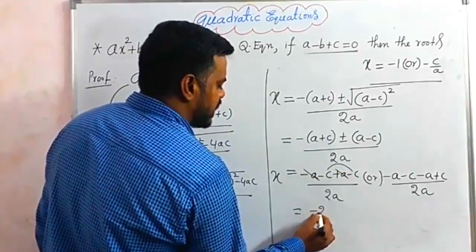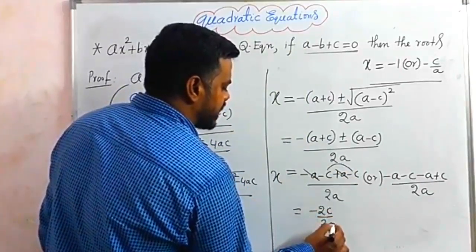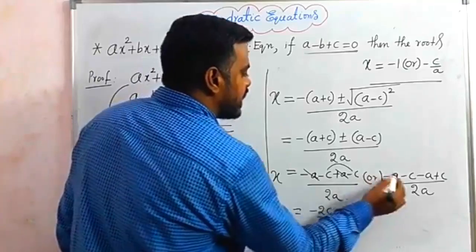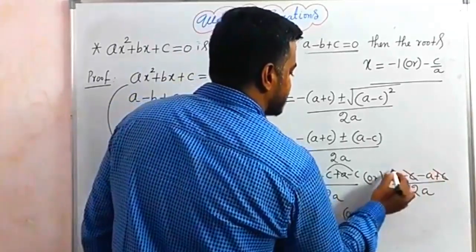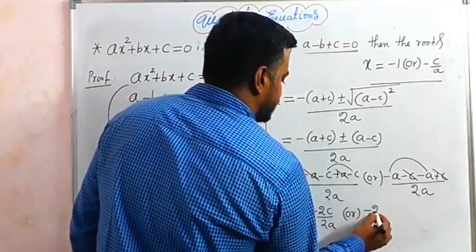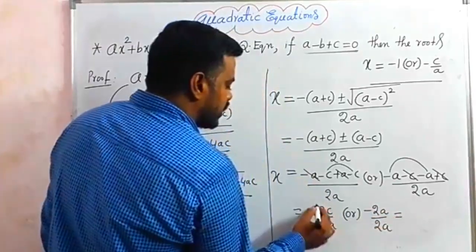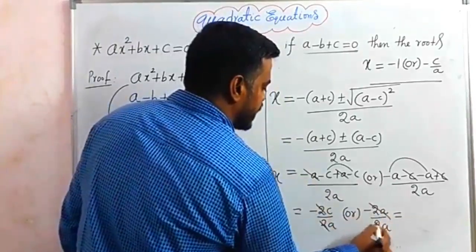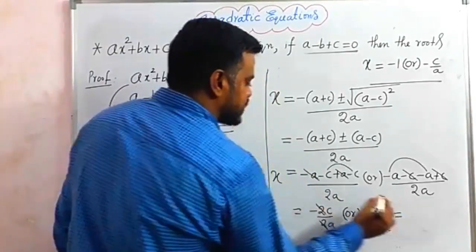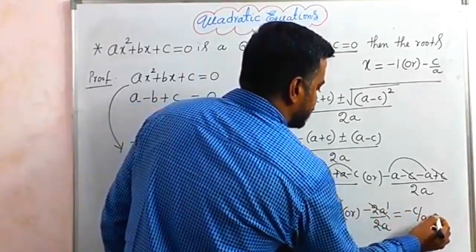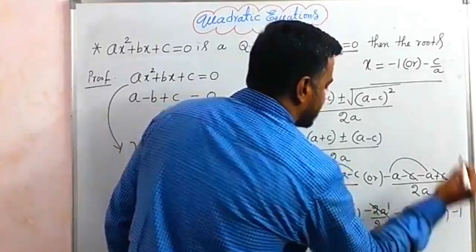This will be minus 2c by 2a, or here minus c plus c gets cancelled, minus a minus a is minus 2a, by 2a. Now 2 gets cancelled, a gets cancelled. Then it will be minus c by a or minus 1.